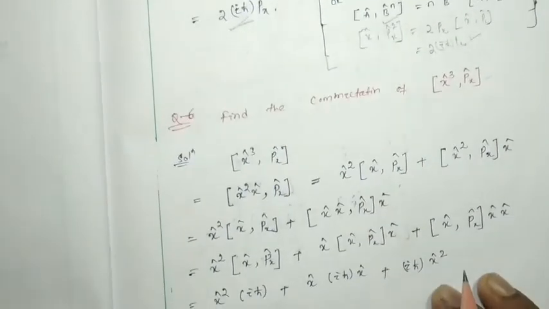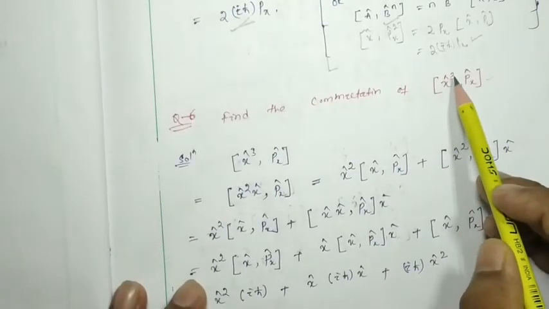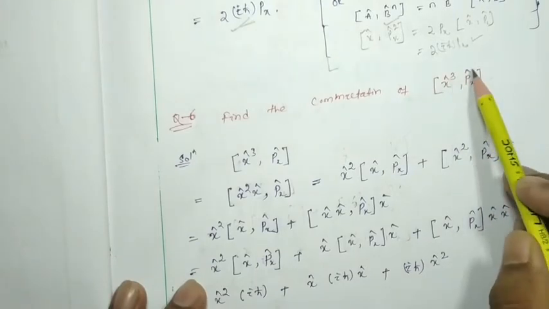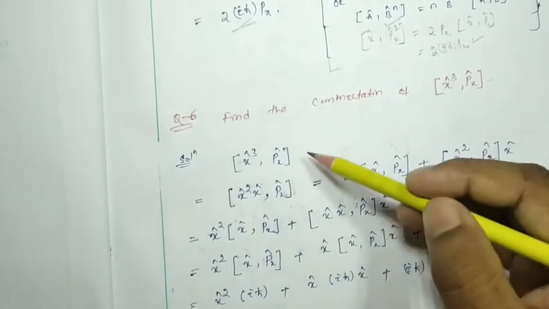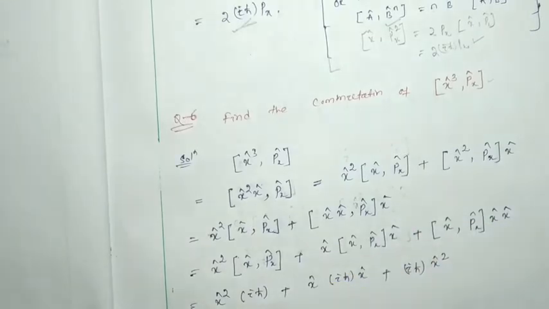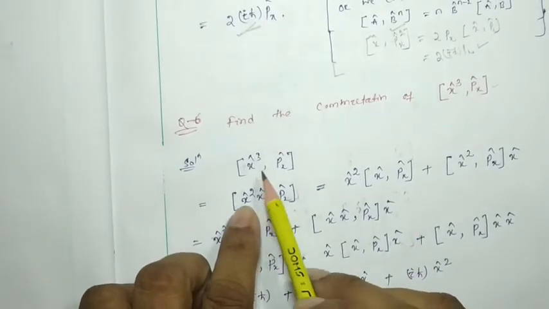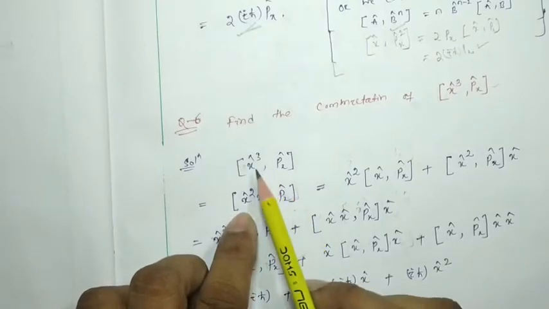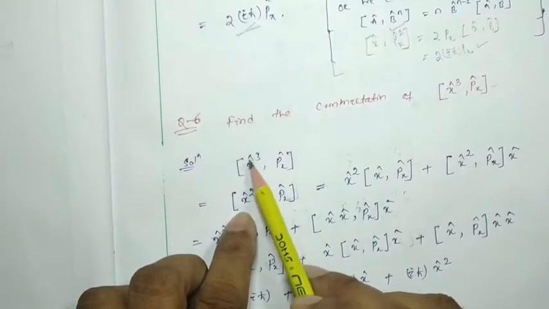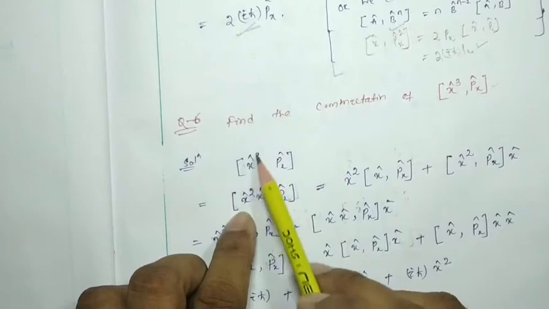Now we are going to go for x cap cube px cap. Okay, first we have to do it in the traditional way, by multiplying or segregating the power operators.